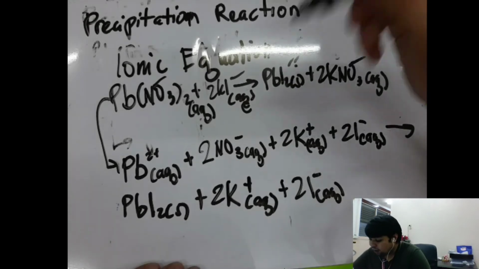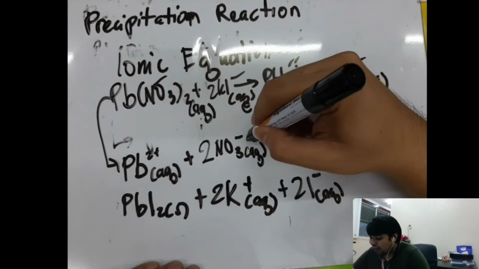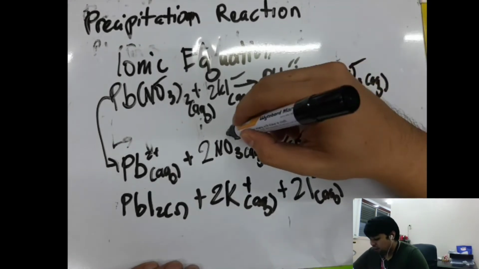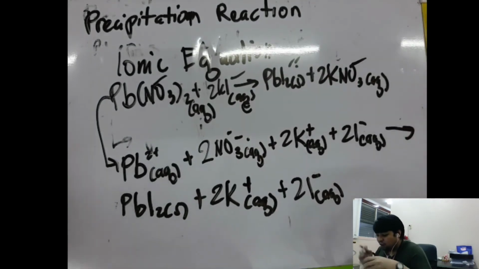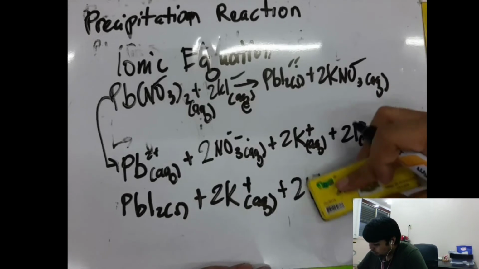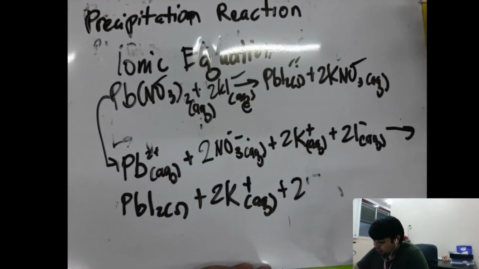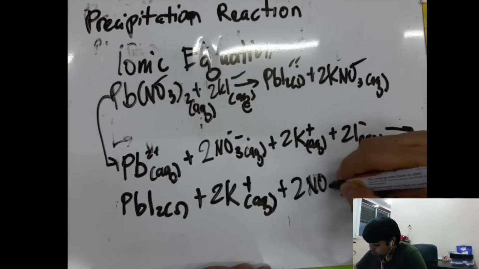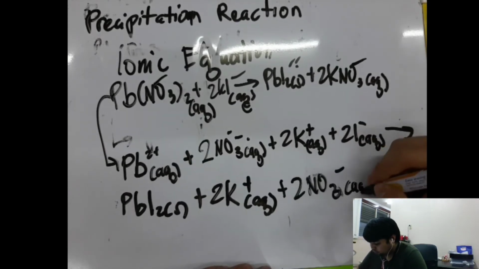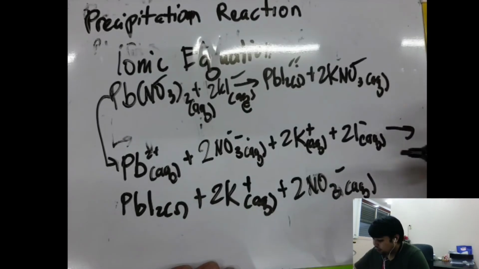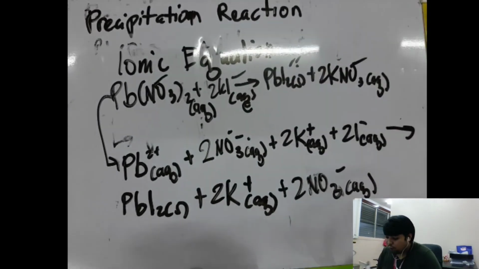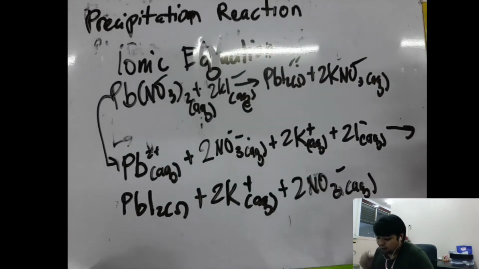Obviously, nitrate: before the reaction, it was nitrate in aqueous solution, and after the reaction it is still nitrate. So your spectator ion will be nitrate.